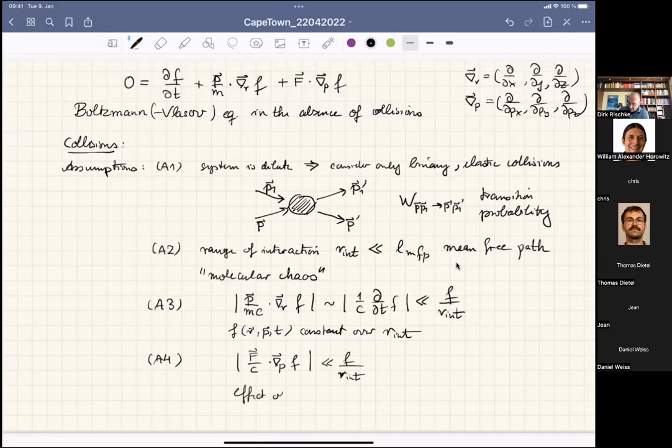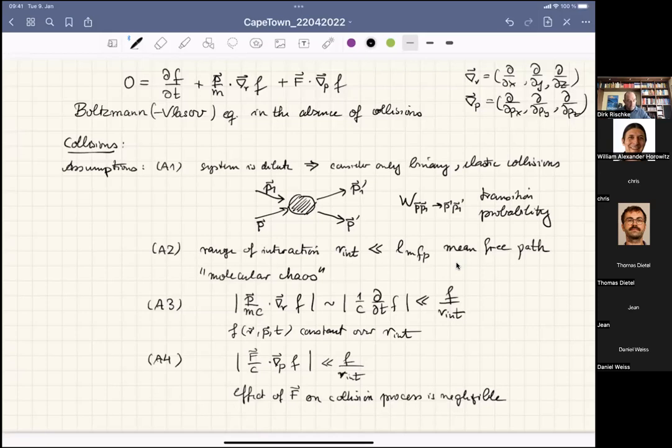The effect of F on the collision process is negligible. In principle, this is an assumption that the forces acting on the particles, which curve the trajectories between collisions, are not that strong. This is what this last thing means.